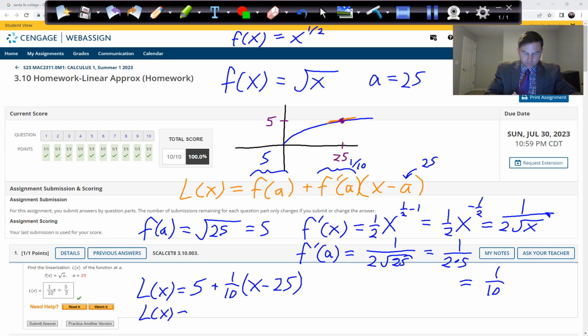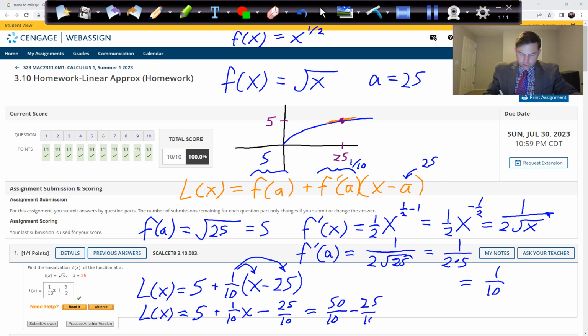This is going to equal 5 plus 1/10 x, so distribute this 1/10 into both terms, minus 25 over 10. This is going to equal, let's write 5 as 50 over 10, minus 25 over 10, plus 1/10 x.